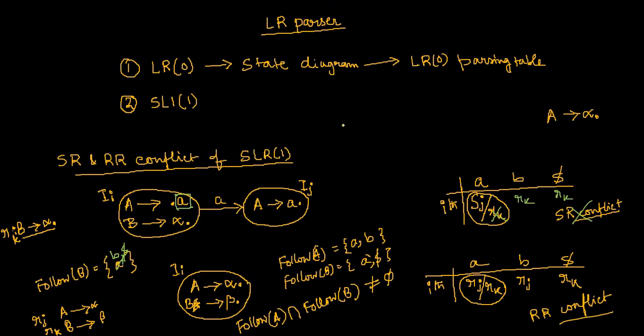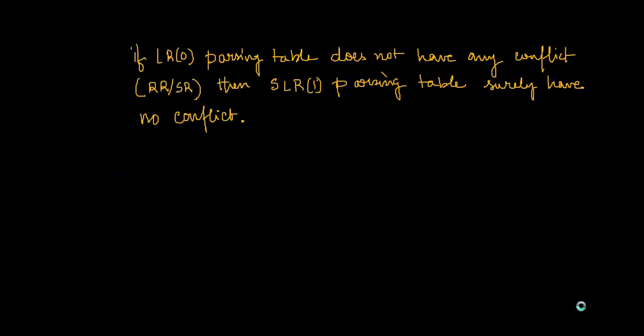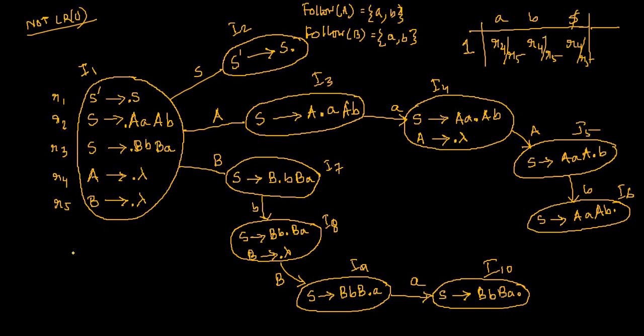So we can see here that follow of A and follow of B is not null. From this criteria, we have seen already, follow of A and follow of B must be not null to get an RR conflict. The similar thing is happening over here. If you consider the first row, with a, b, dollar, and some other parts, due to this follow of A, this particular reduce move R4 and R4 should be placed here, because follow of A contains a and b.